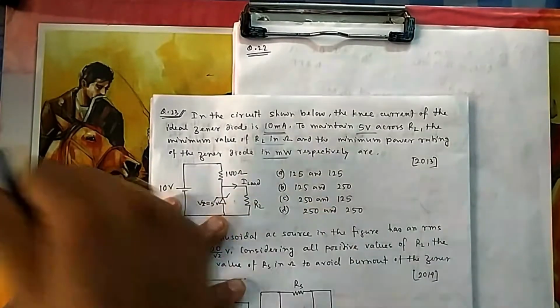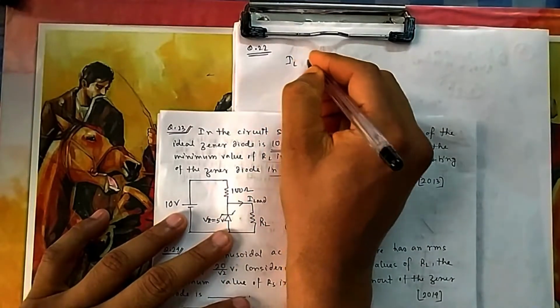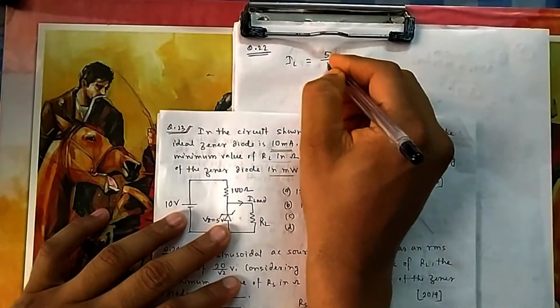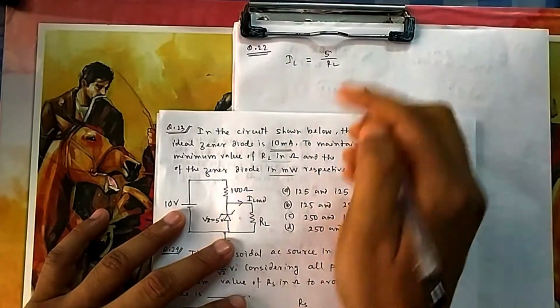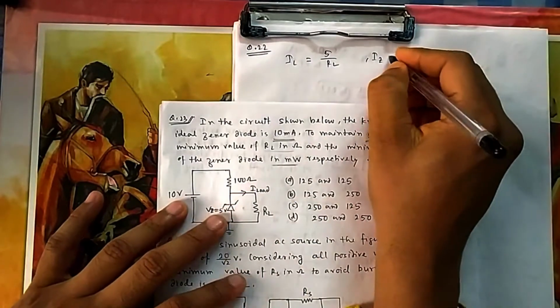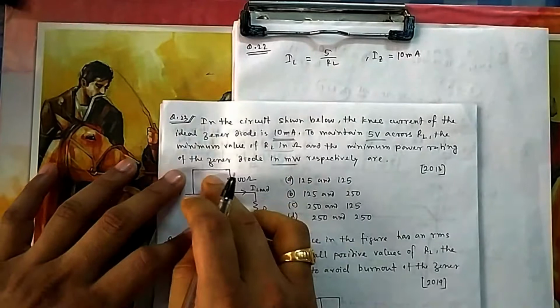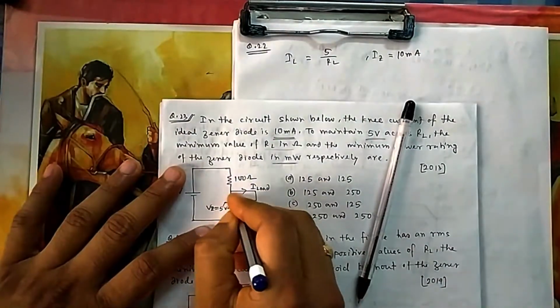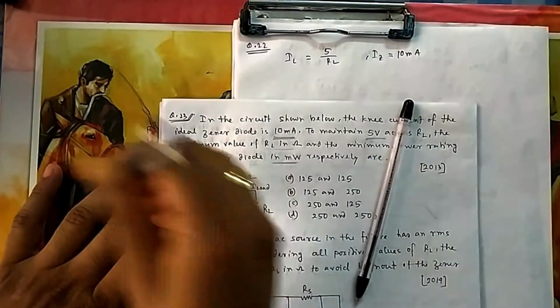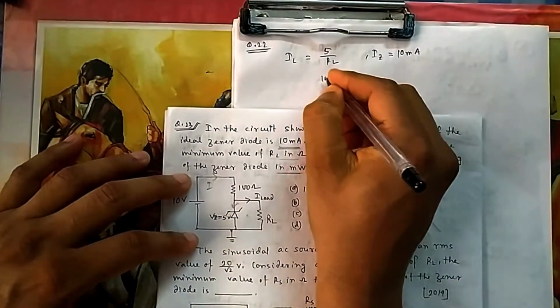Okay, and what will be the current flowing through this? I load. So I load is equal to 5 by RL, because the voltage should be at 5 volt, and IZ, the current through this Zener, the minimum should be 10 milliampere. Okay, and then what is the source current? This is IZ, and this is suppose I. So what is the current coming from the source?